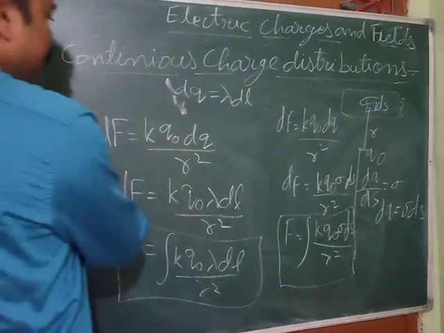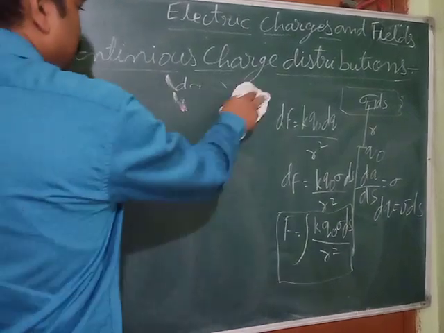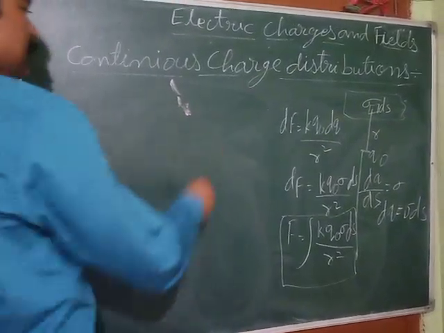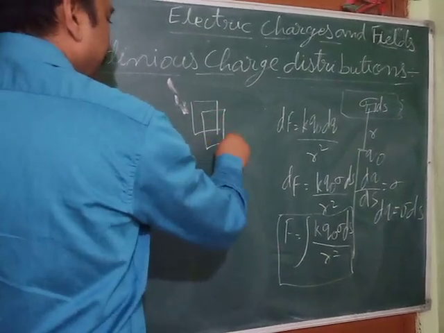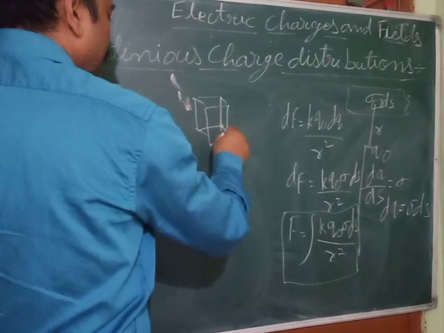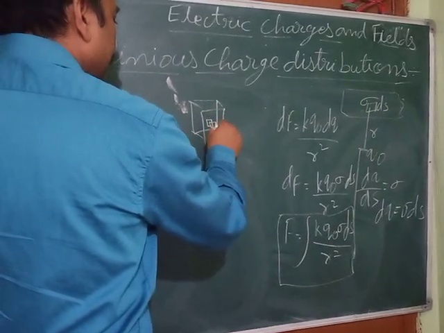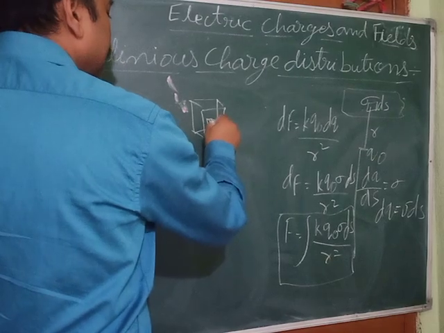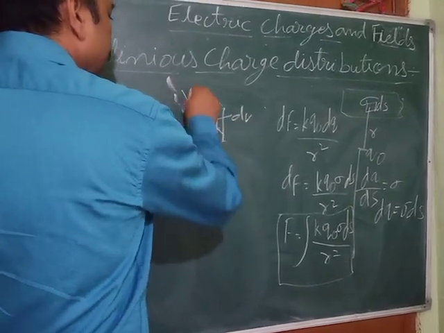For a three-dimensional body, suppose a volume is there. You have to choose a small volume out of it, and suppose this is dv and the total volume is v.